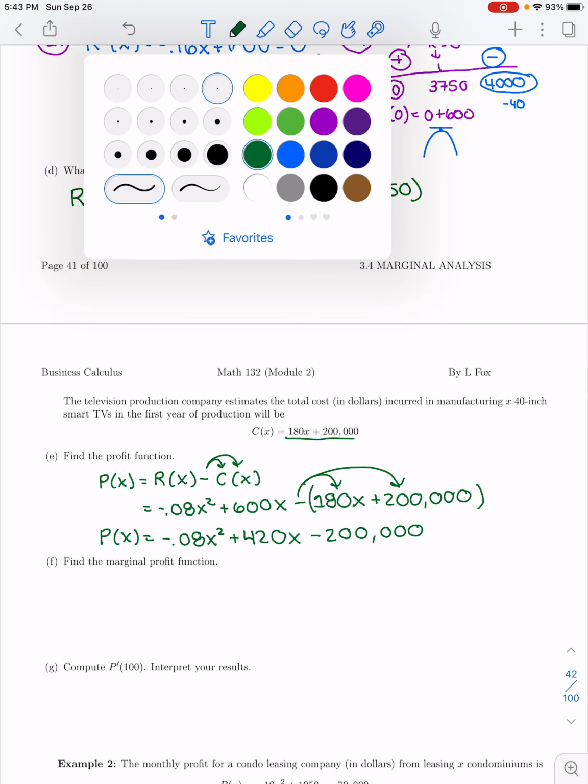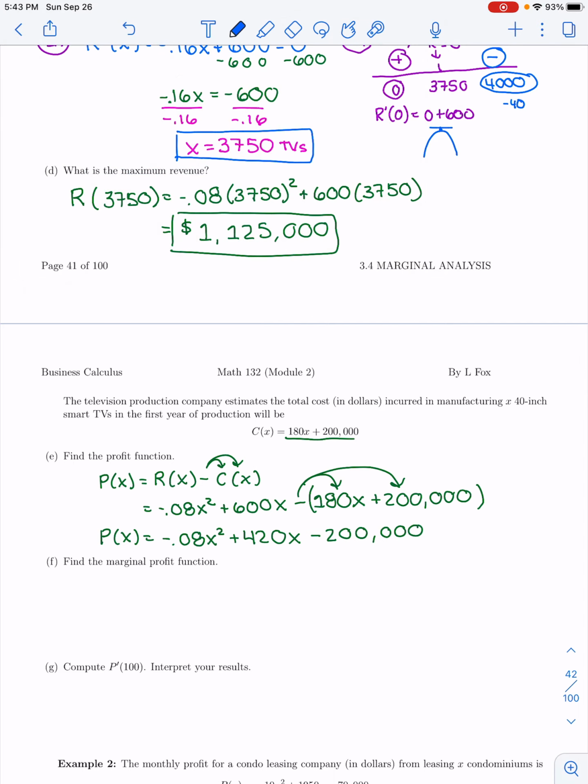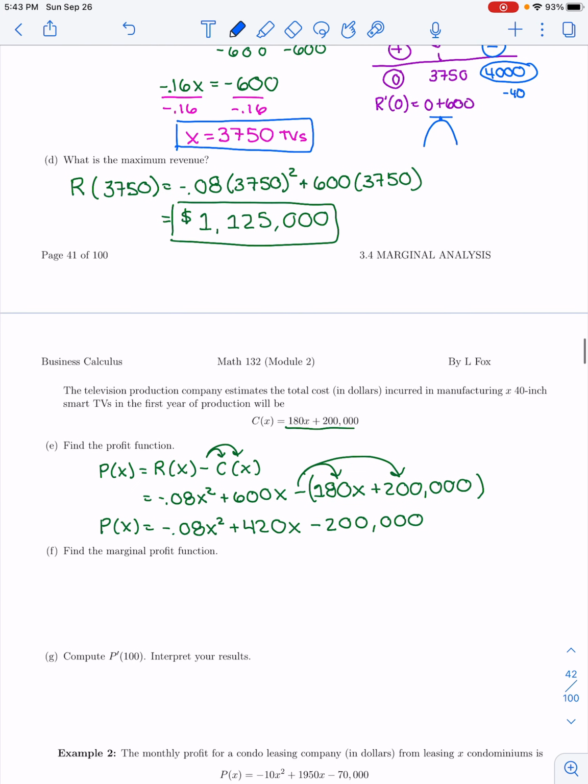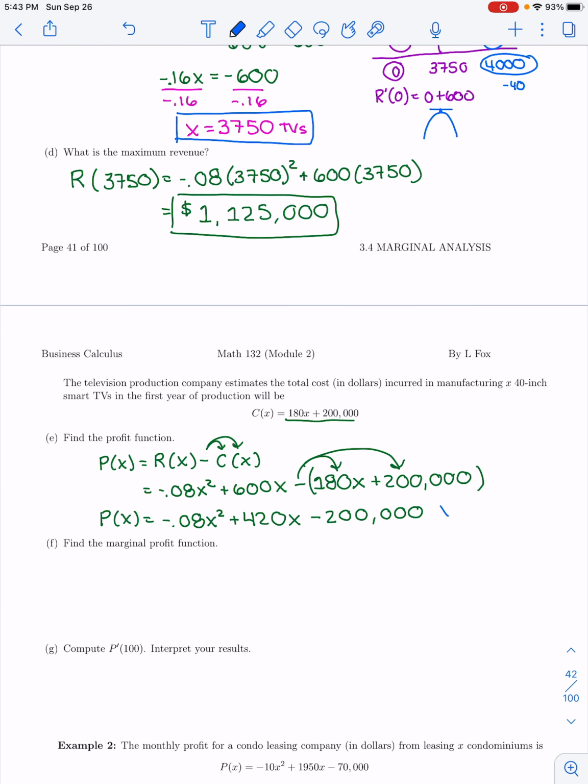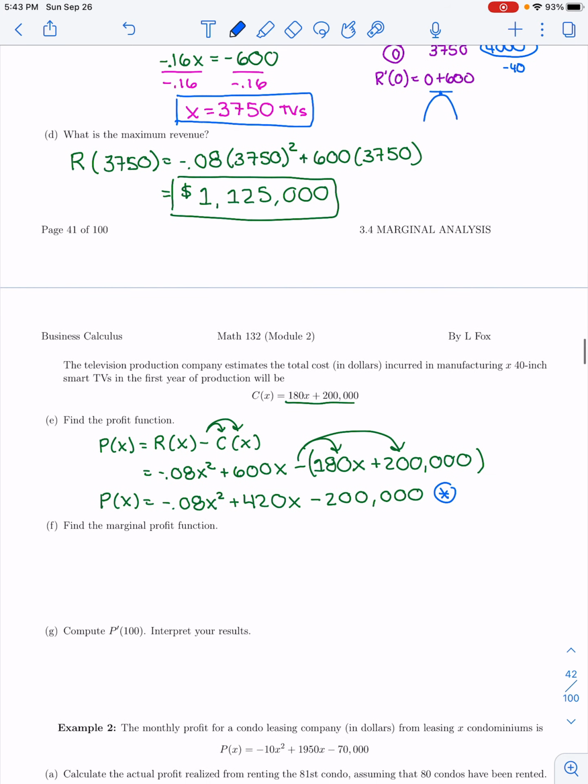If you had a plus 200,000 at the end, that would make absolutely no sense, because you shouldn't make $200,000 off of selling 0 TVs. So profit always has a big negative number at the end in general, because you've invested some cost and then you didn't make any money if you sell 0 things. So you might want to put a star on that. You want to remember to distribute, or else your answers won't make sense.